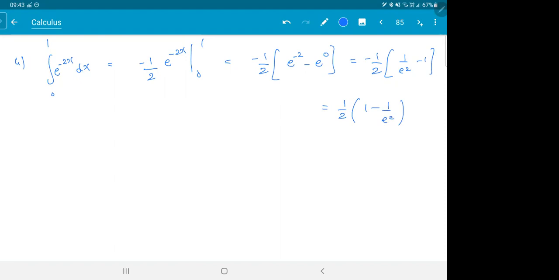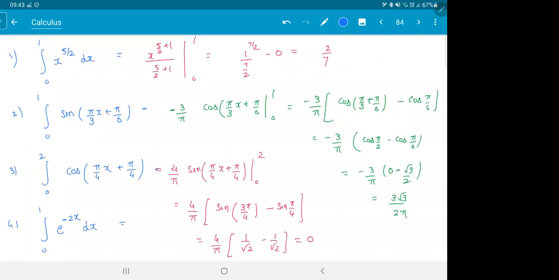Half into 1 minus 1 by e square. E is a constant. Remember that E is just a number like 2.713, just like pi. Check it out 1, 2, 3. Any steps you didn't get, please ask me.